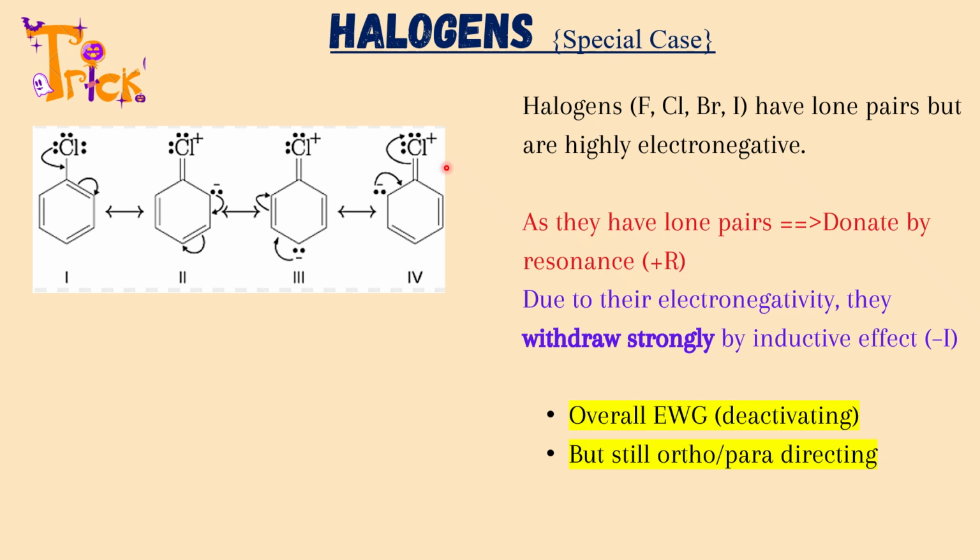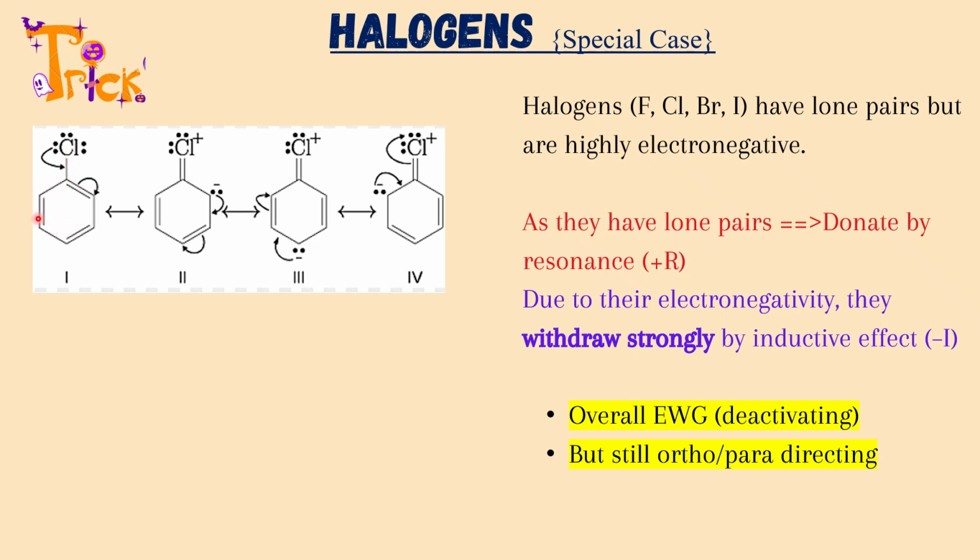Now, how to decide the product in such a case? Well, in that case, we first have to understand the inductive effect. When we talk about the minus I effect, if we have an electronegative group attached, then that particular group starts to pull the electron density from the other group.